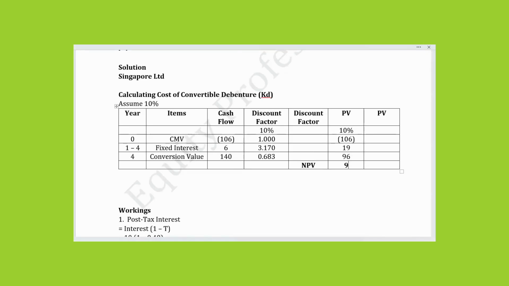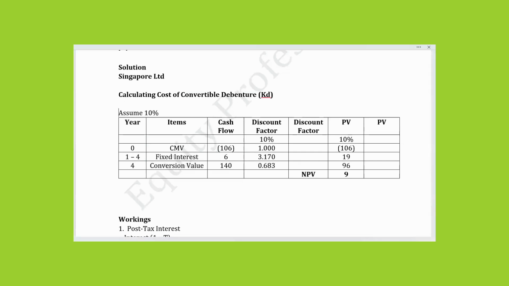We assume 10%. We got a positive NPV of 9. So in order to get a negative NPV, you need to assume a higher discount rate. So I will then come here, 15%. Remember what I told you. When you are calculating internal rate of return, you are expected to assume two discount rates that will produce a positive and negative NPV.